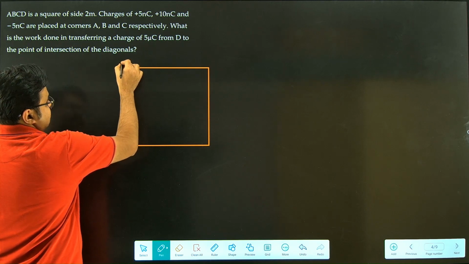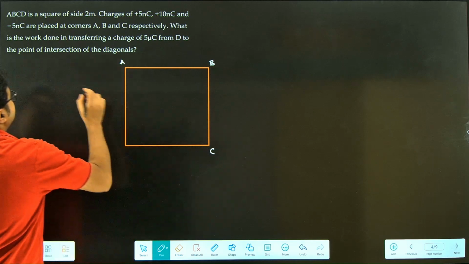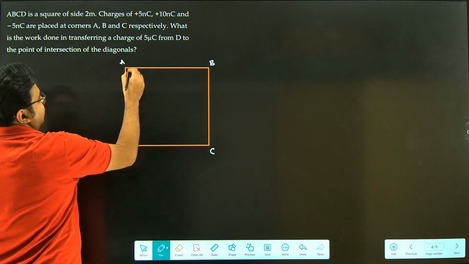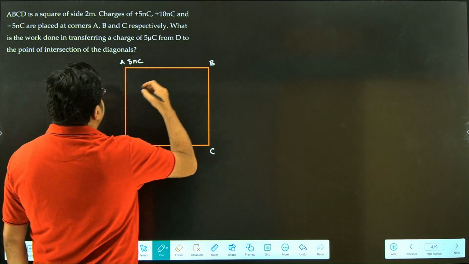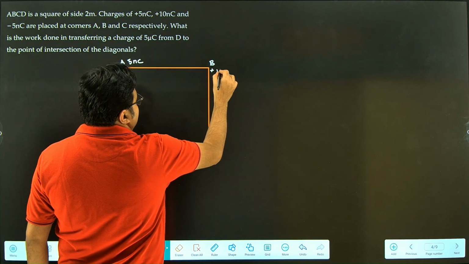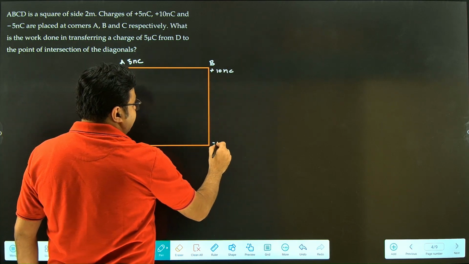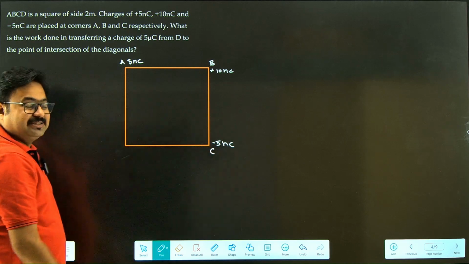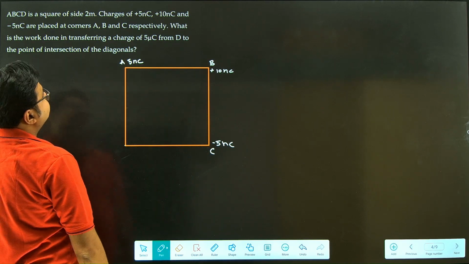Let me name these corners A, B and C. The question says that a 5 nanocoulomb has been placed at corner A, a plus 10 nanocoulomb has been placed at corner B, a minus 5 nanocoulomb has been placed at corner C, and there is corner D, right?